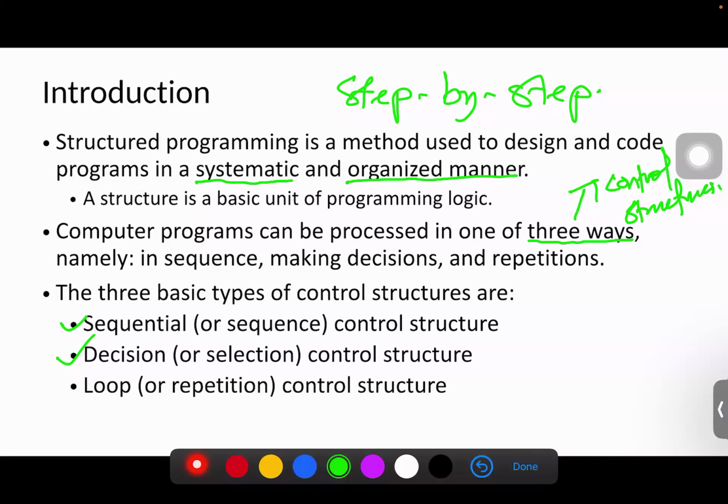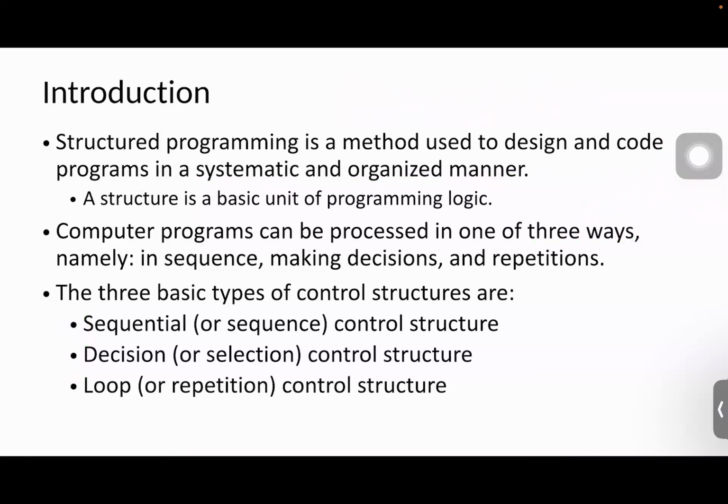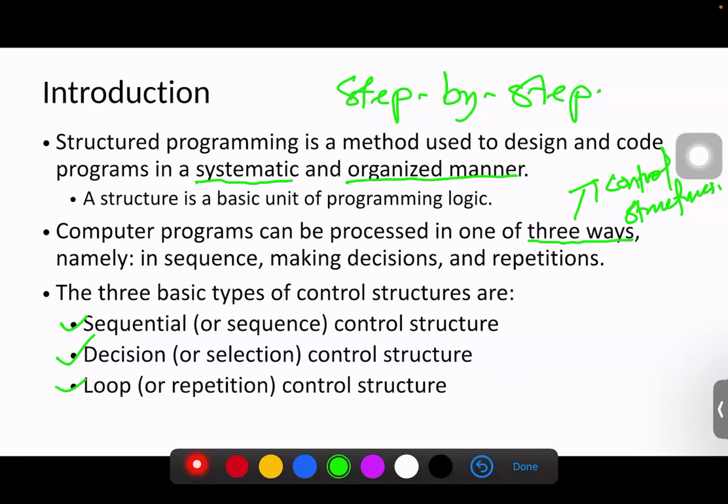So if we have just one option, then we don't need to make any decision, okay? Then we simply go with sequential control statements. But if we have 2 or more options, then we need to make a decision on something. And if a condition is true, we execute a particular thread. Then computer programs where we repeat some actions for some number of times are referred to as repetition or loop control structures.